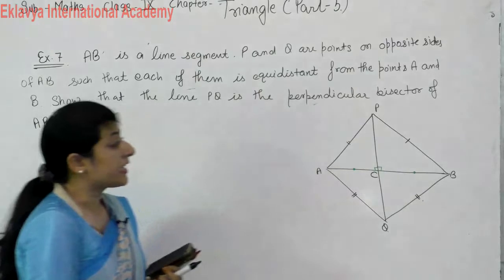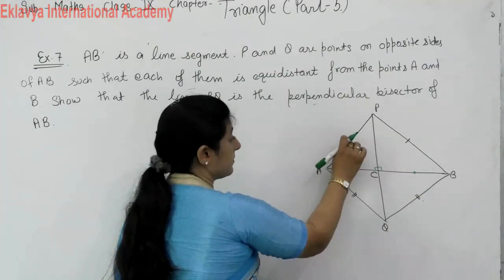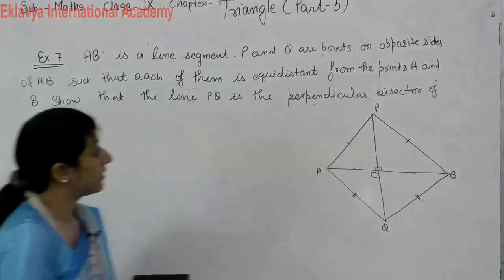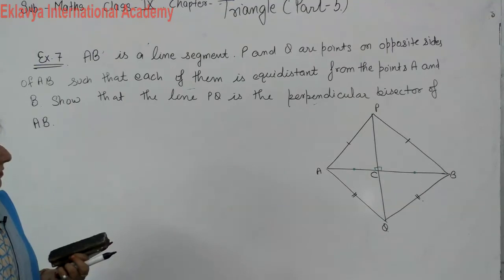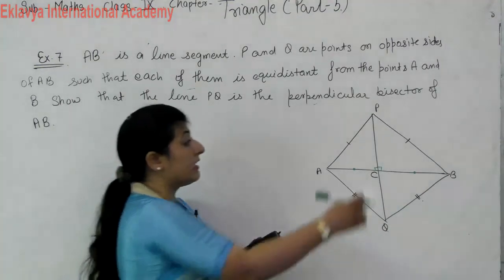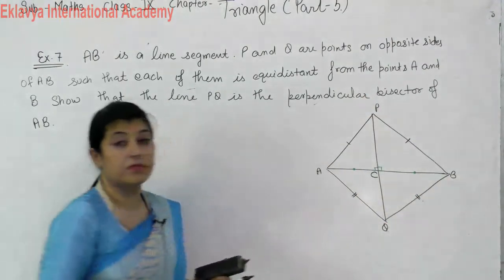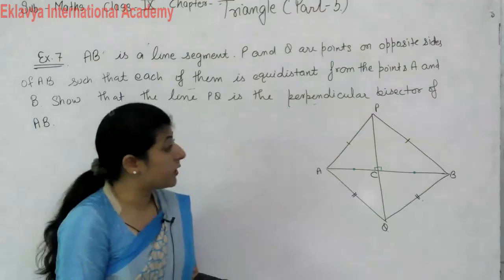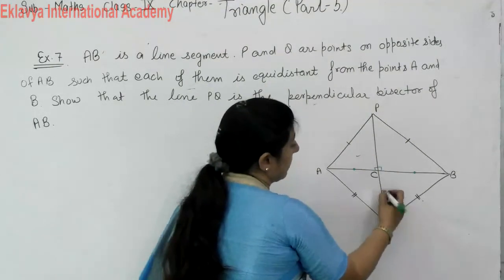In these two triangles, how can we prove that this is a perpendicular bisector of it? Firstly, what we will do, take these two triangles completely.